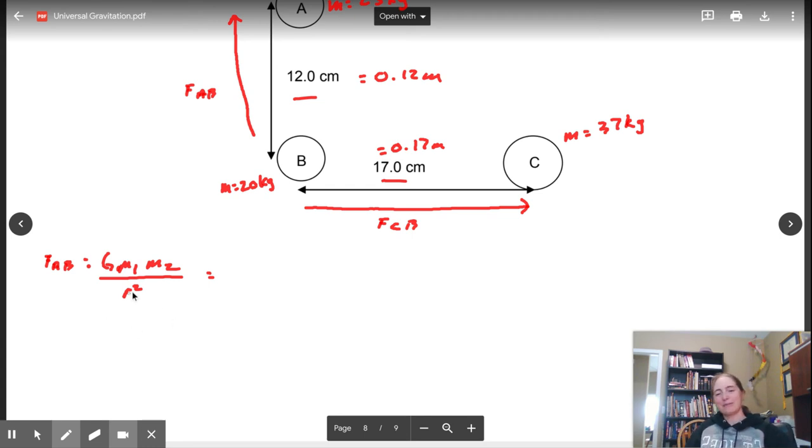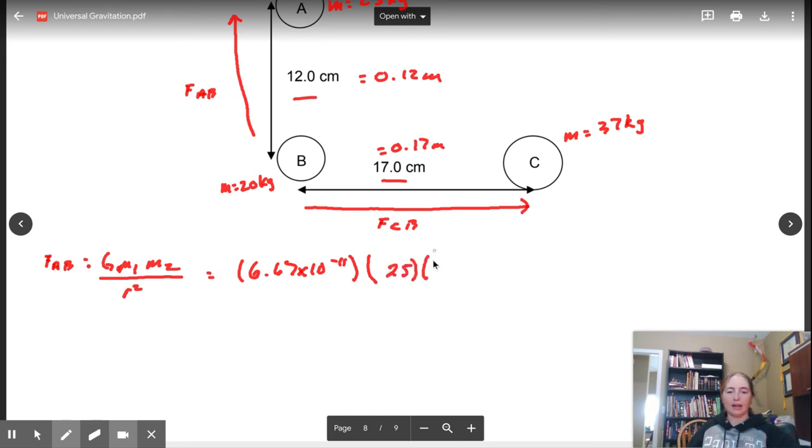So, ladies and gentlemen, I am going to take big G from my data sheet, 6.67 times 10 to the power of negative 11. And then we're going to multiply that by the mass of object A, which is 25 kilograms.